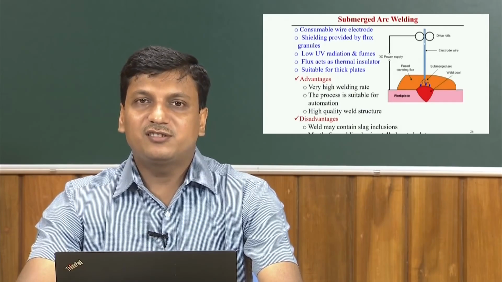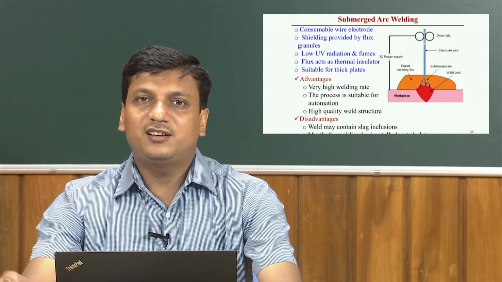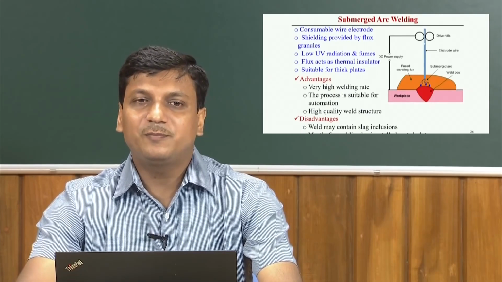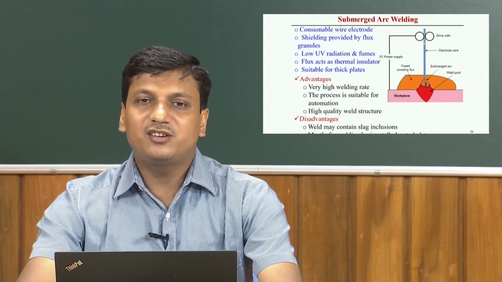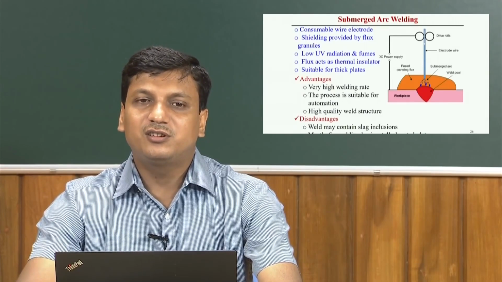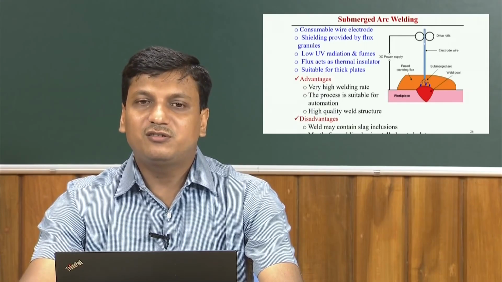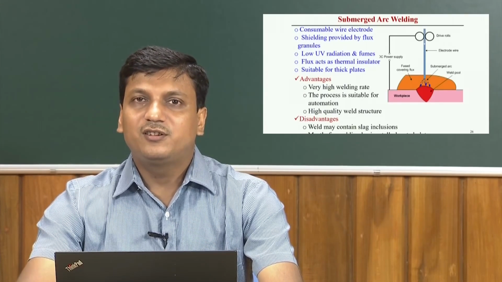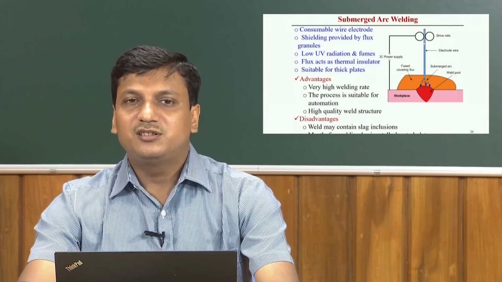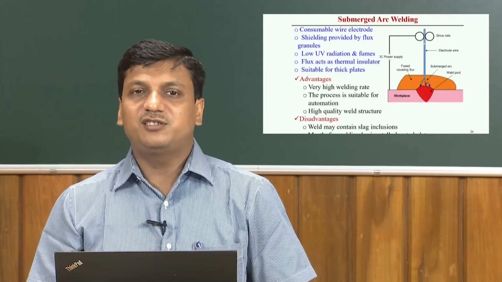As in other processes, the weld may contain slag inclusion within the weld zone, and it is mostly suitable for horizontally located plates. So, these are the two typical disadvantages of this process.